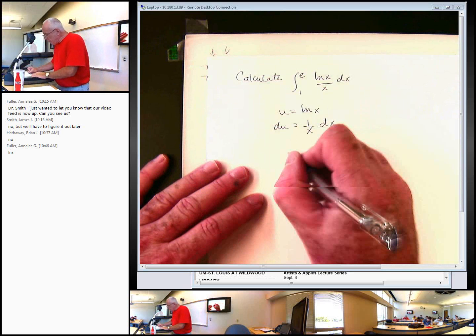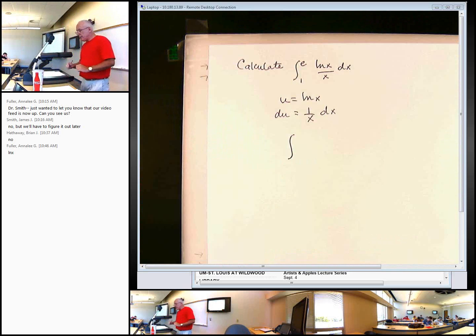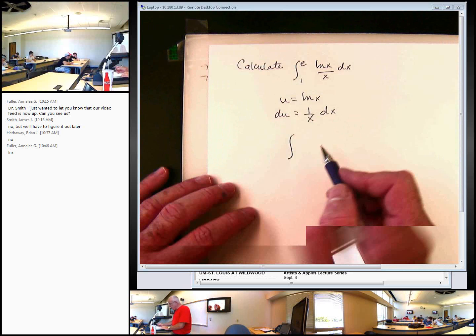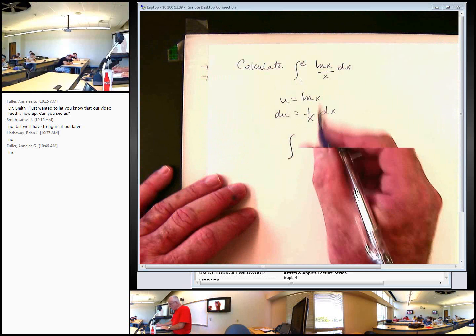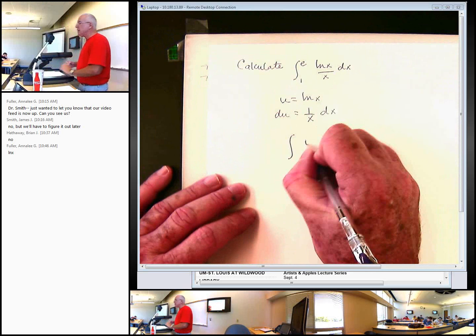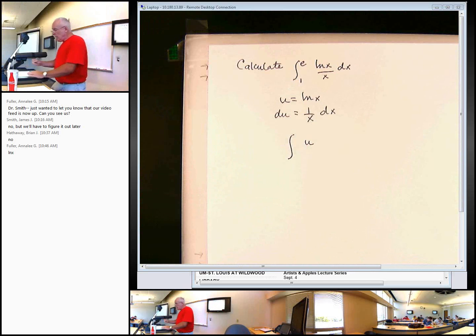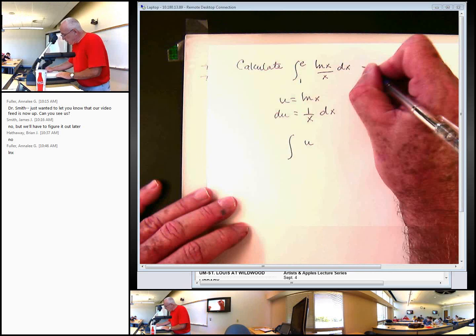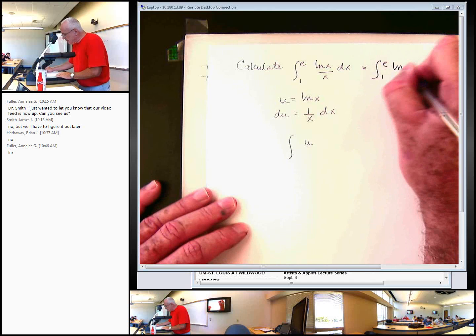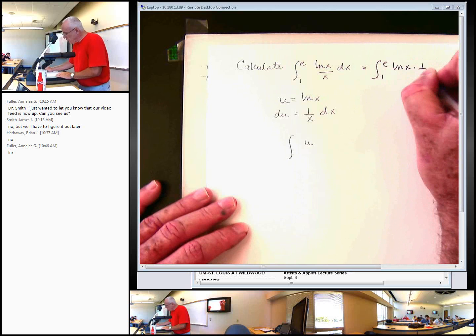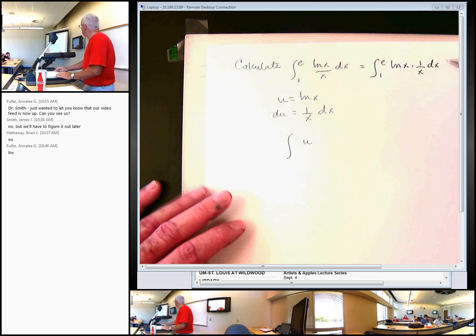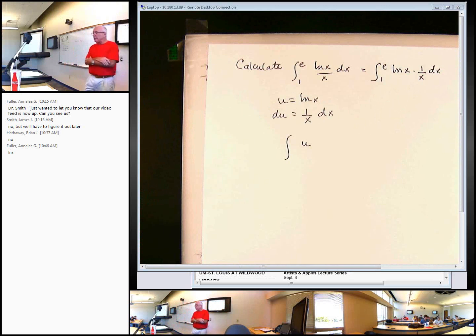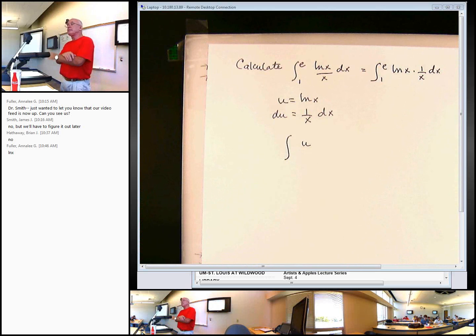So I'm going to do the limits in just a second here. Let's just put in here what we end up getting when we substitute. The ln of x is going to be substituted with u. And let me just point out another way of looking at this original integral here. I could also have just written out our original integral as the ln of x times, instead of divided by x, times 1 over x dx.